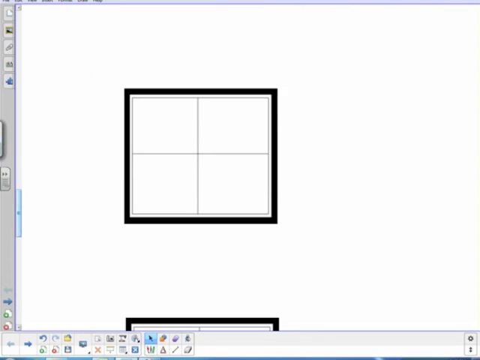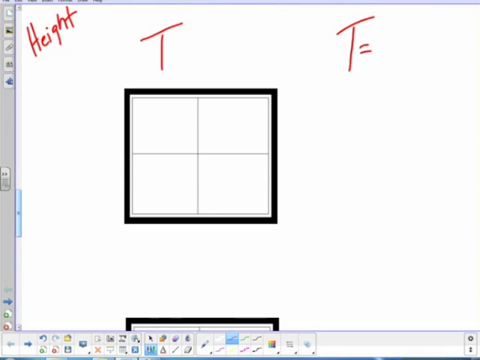Let's look at another example. Let's talk about height. Now I'm going to use a completely different letter here. Doesn't matter what letter I use. Let's use the letter T, for example, for height. Okay, so we're talking about height, and we're going to use the letter T. Now, T equals tall.